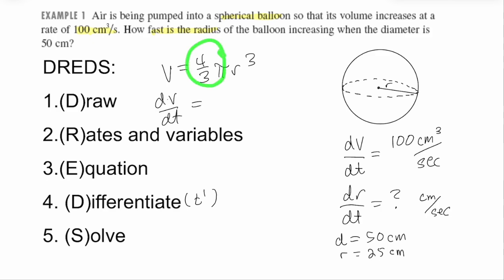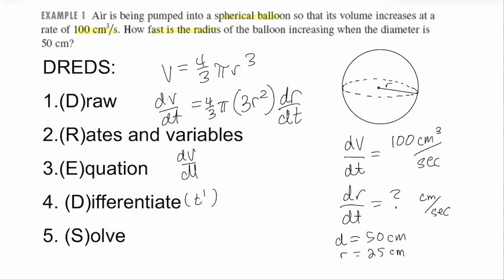Now, this is just a constant in front of a variable. It's a power rule. So I take 4/3 pi times 3r squared dr/dt. That's our r prime. Now I would like to clean this up a little bit so that it looks a little nicer.